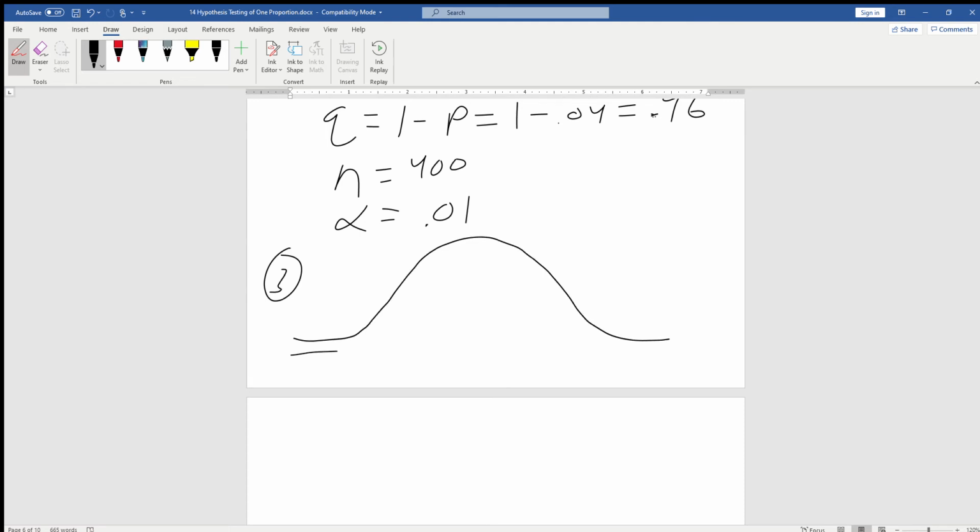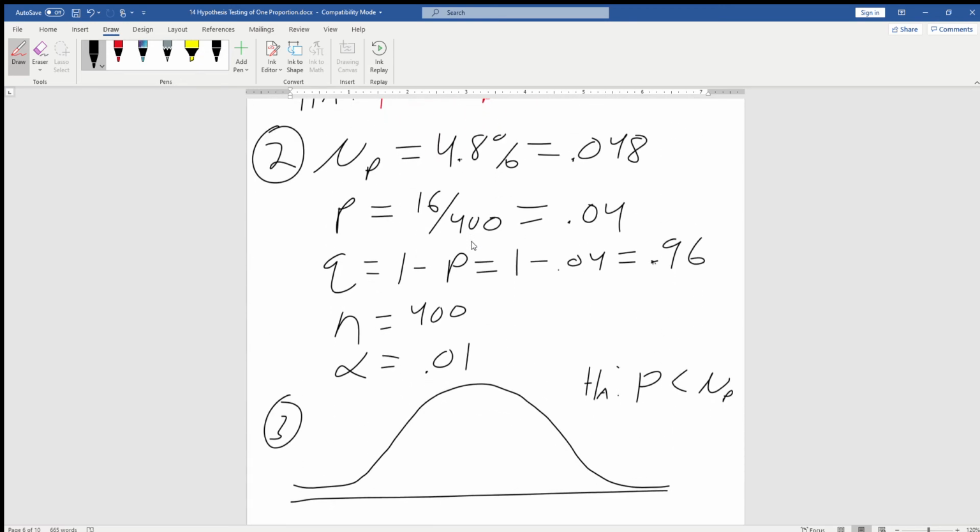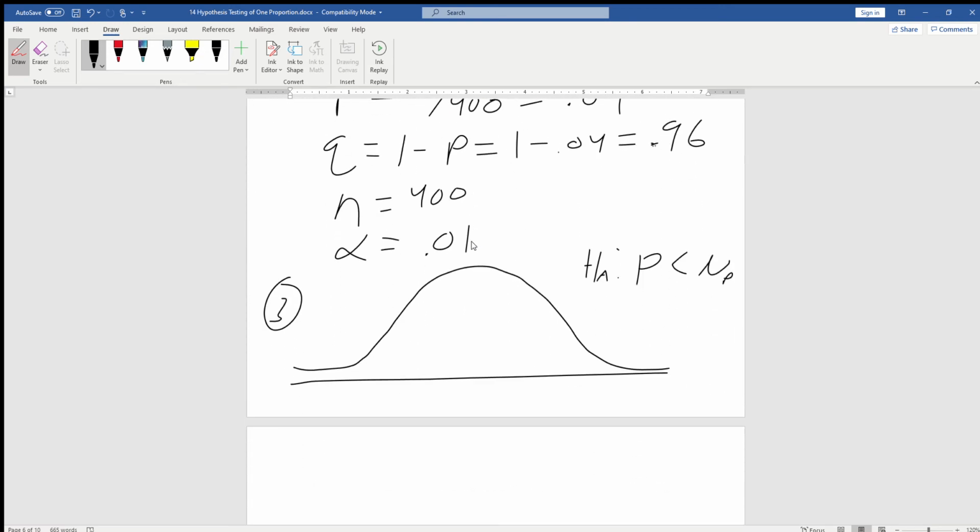And I'm just going to rewrite that the alternative hypothesis was p less than mu sub p. And that's important because that tells us which of the three tests we are doing: left tail, right tail, or two tail. Since it's a less than problem, it's going to be a left tail test. So we're going to shade in this region to the left.